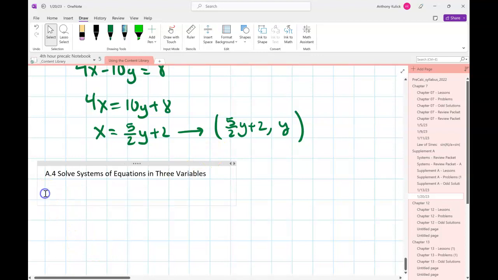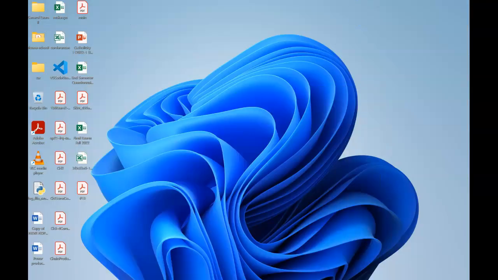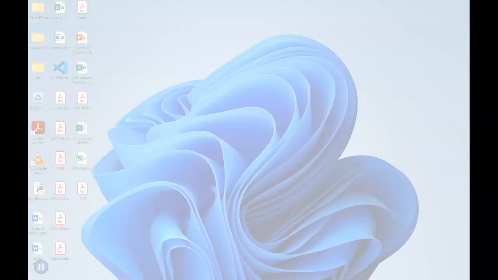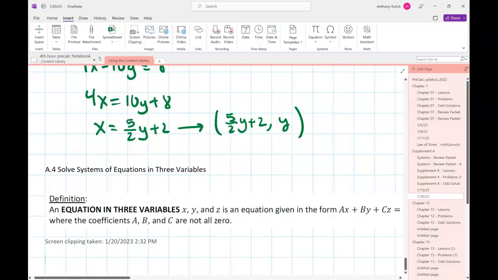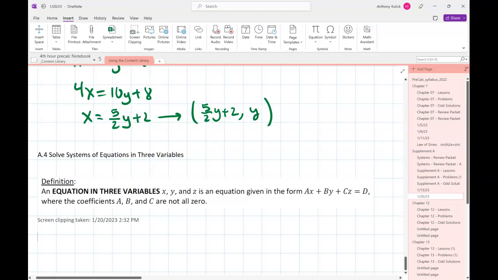So in section 4, we're going to talk about solving systems of equations in 3 variables. So what do I mean by an equation in 3 variables? Probably you might not have seen that before. An equation in 3 variables is just something of the form ax plus by plus cz is equal to d, where those three coefficients A, B, and C are not all zeros.